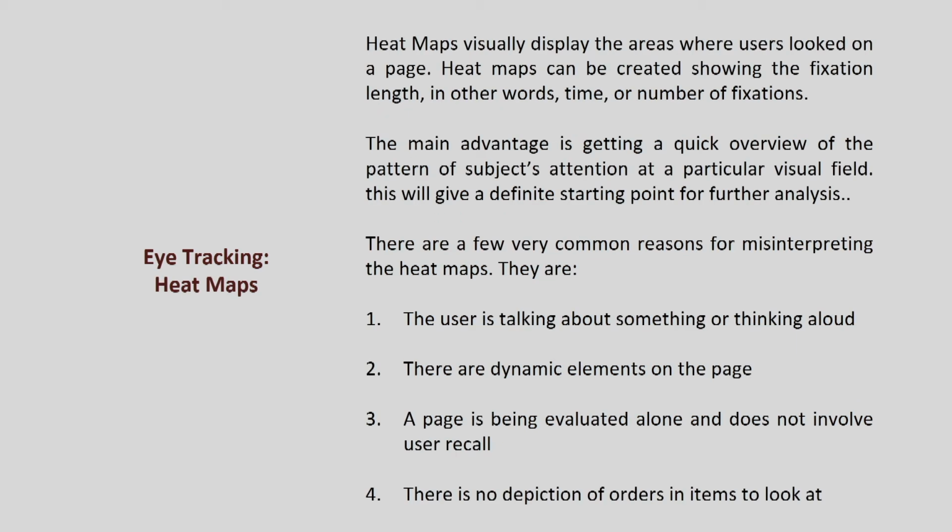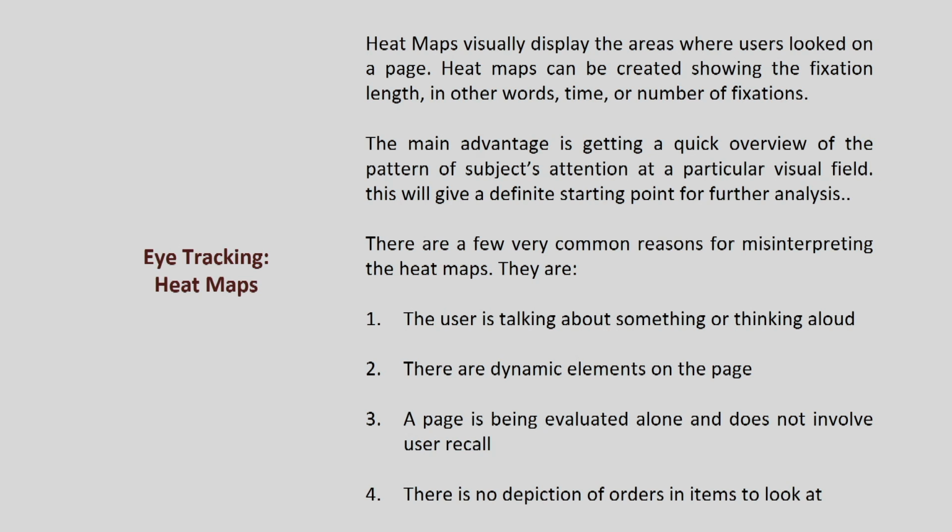The third one is the heat map. As the nomenclature says, heat map. If I am looking at a particular object, that location will be denoted by the red color, whereas when you are looking at a particular place for a lesser duration, it will be blue.